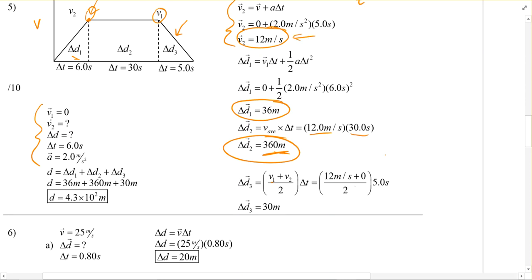We're going to have 12 plus 0, because V2 is going to be 0, right? It comes to a stop. Divide by 2, and that happens within 5 seconds. So D3 is equal to 30. Then over here, we just need to add them all up. I've got 36 plus 360 plus 30, equal to 4.3 times 10 to the 2 meters.